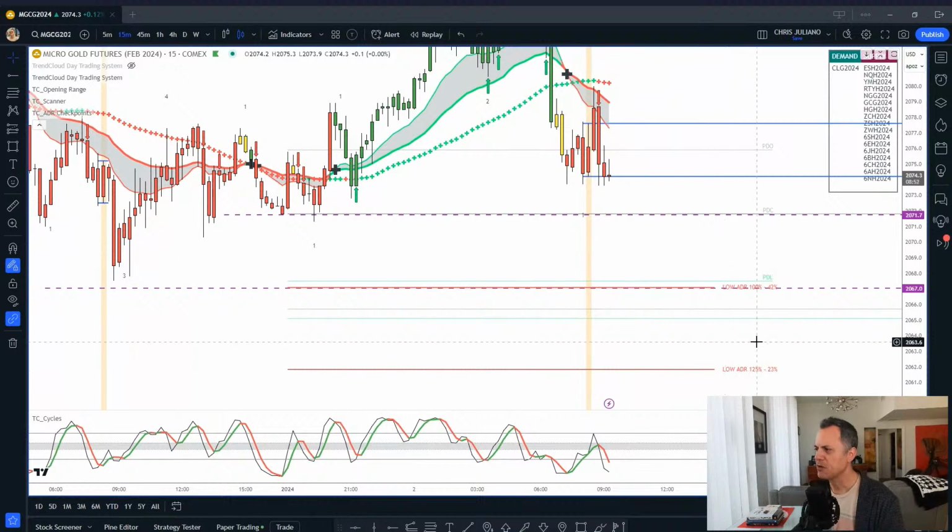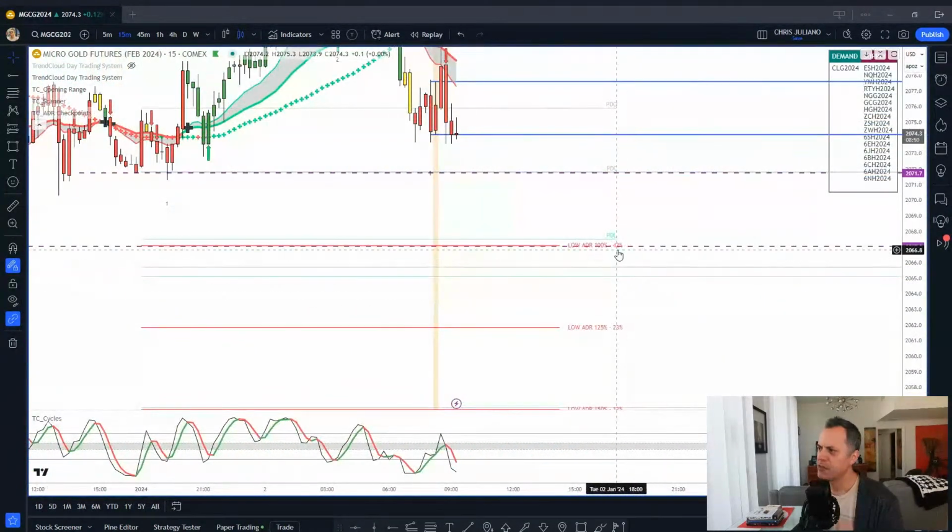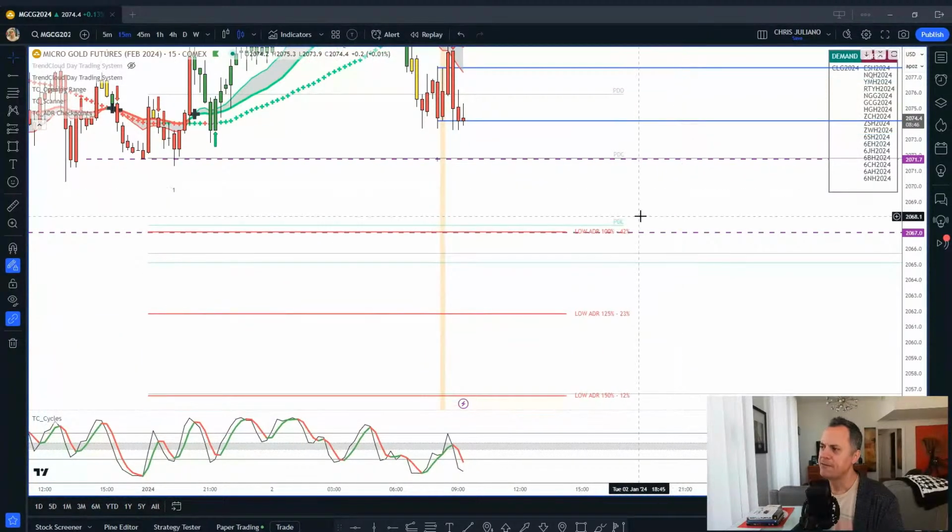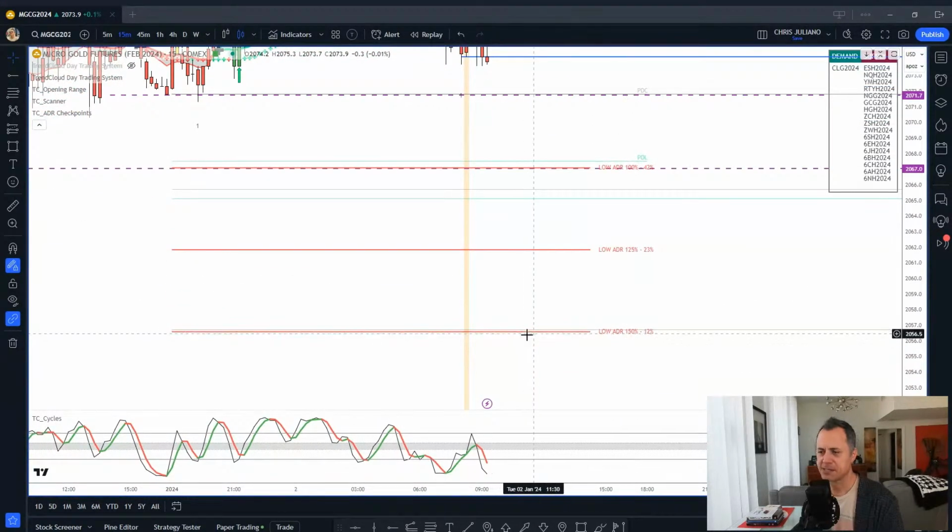Here's the second ADR level. And what this means is, you see this 42%, 23%. If price hits this ADR level, it has a 42% chance to get to this level. If it hits this level, it's got a 23% chance to get to this level.